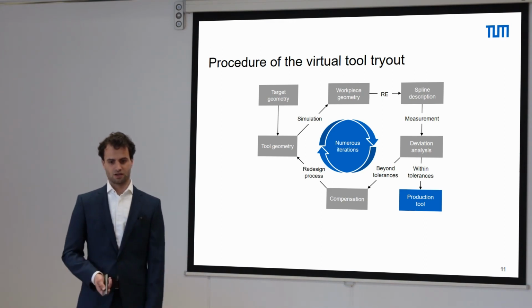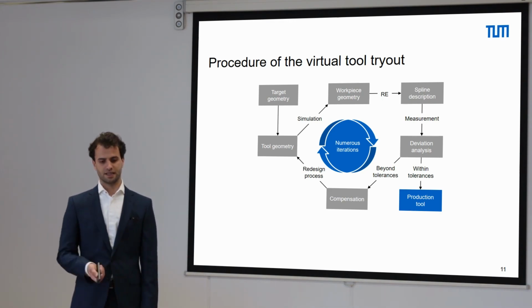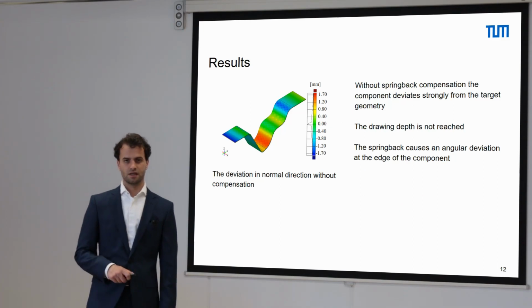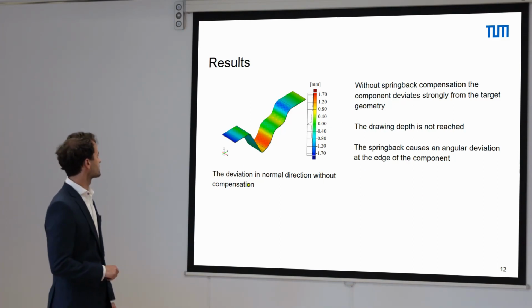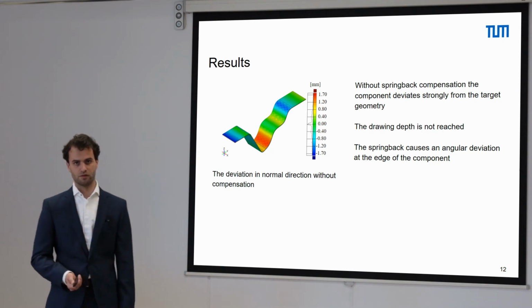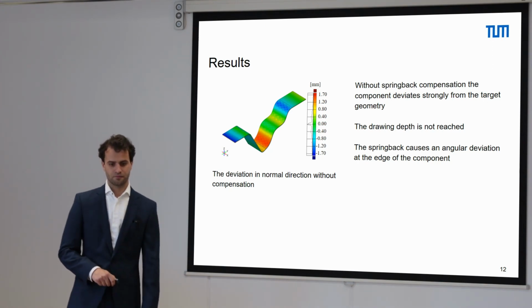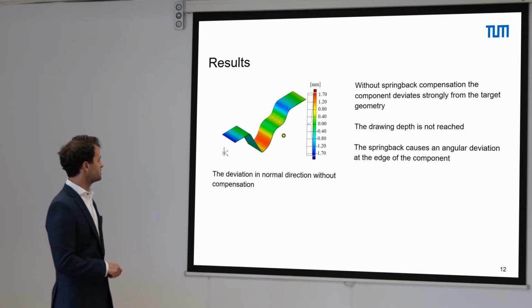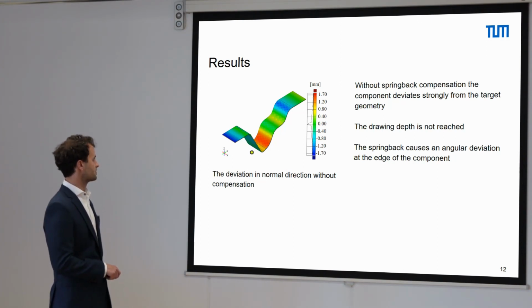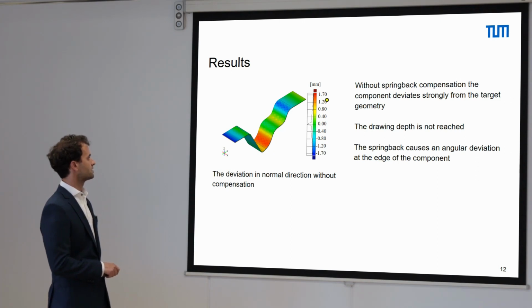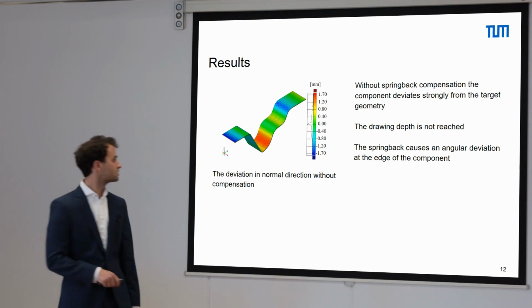So let's take a look at the results. Here on the left side in the false color image, you can see our initial problem. As you can see here, the drawing depth isn't reached because it's in red, so we have a deviation of around 1.70 millimeters.